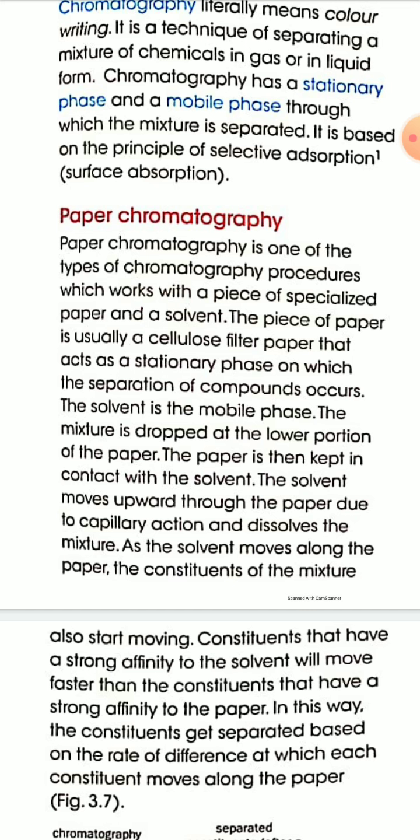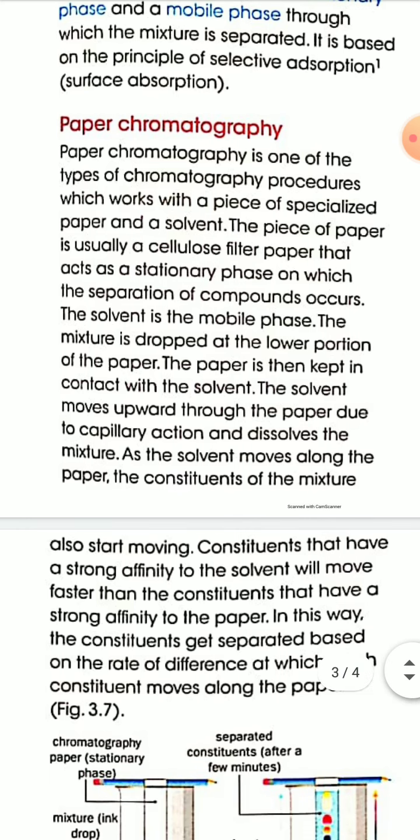As the solvent moves along the paper, the constituents of the mixture also start moving. The constituent that has a strong affinity to the solvent will move faster than the constituent that has a strong affinity to the paper.